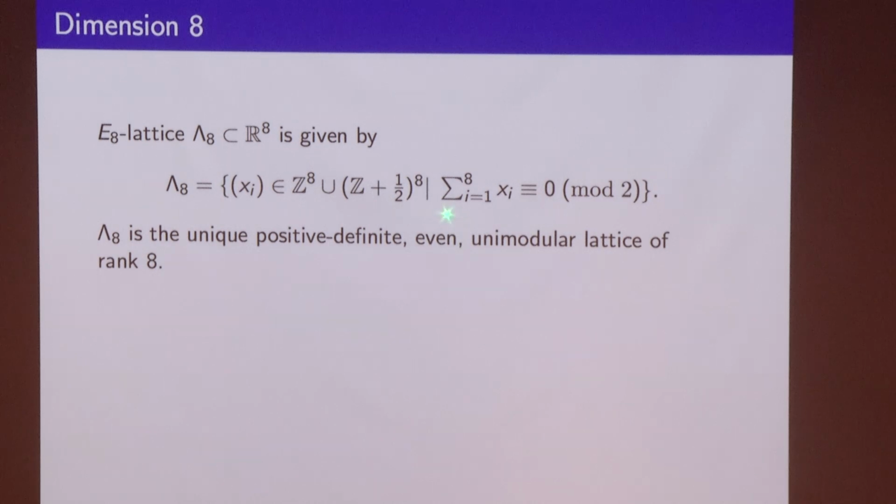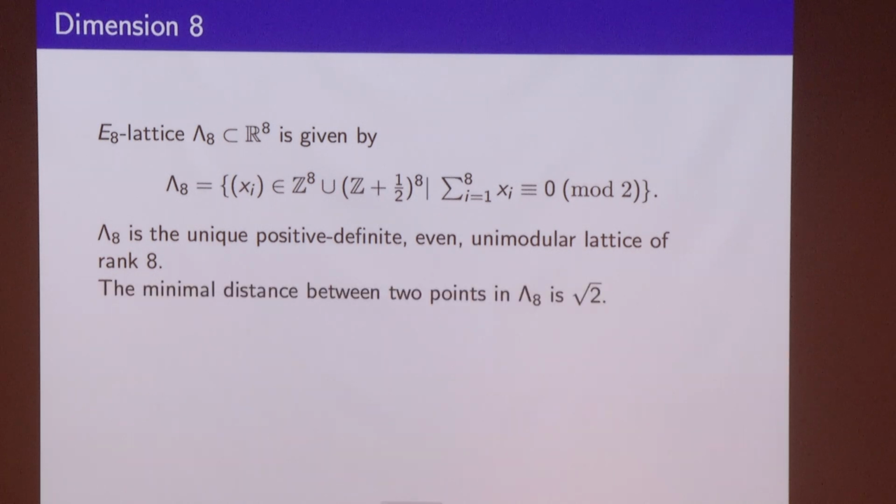Then it's even. It means that all the vectors in this lattice, if we take their lengths, would be square roots of even numbers. And it's a unimodular lattice, so the center density of points in this lattice would be 1. From a mass formula, we know that there is only one such lattice.